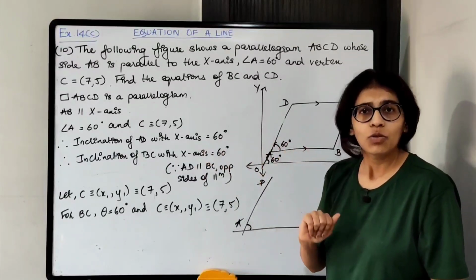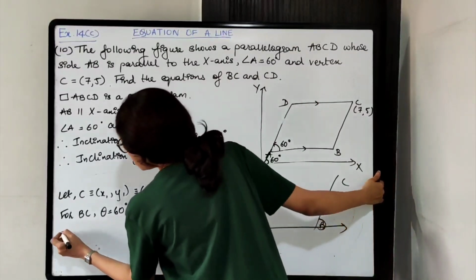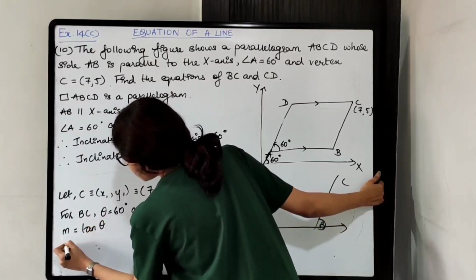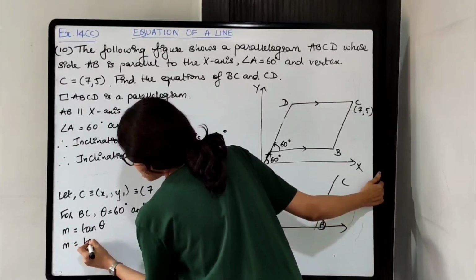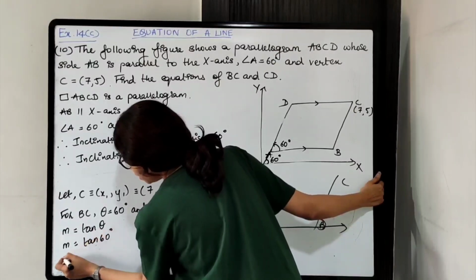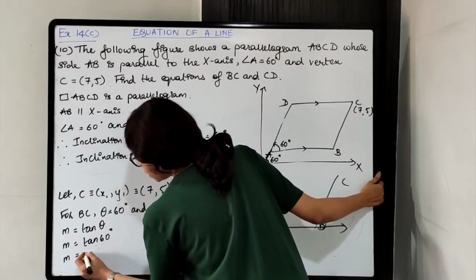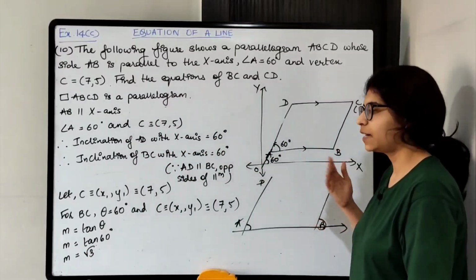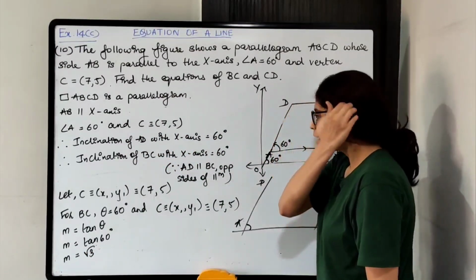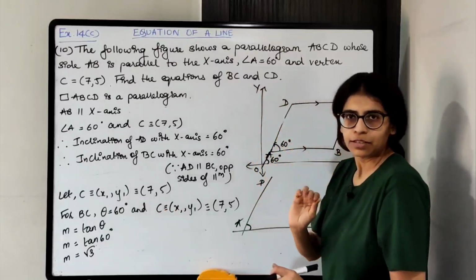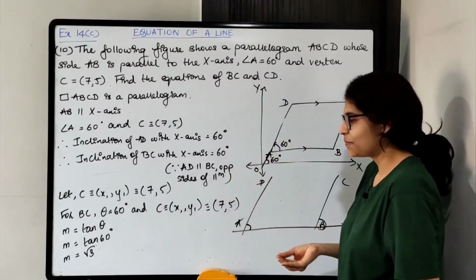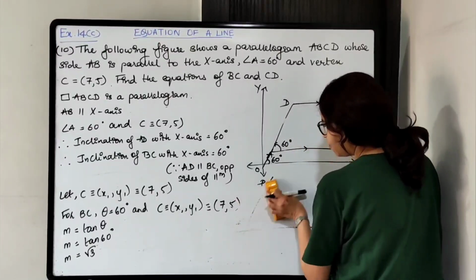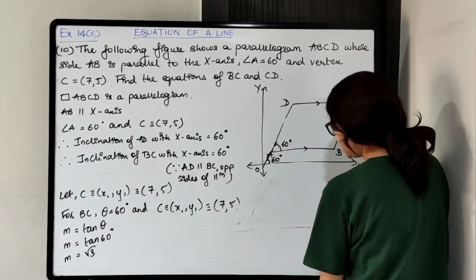Let us find out the slope first. Slope will be tan theta, that is tan 60. That will give root 3. Tan 60 is root 3, right? Standard value table पता होना चाहिए. Now m का value मिल गया using the formula. Okay, so we'll use the formula and find out the equation of BC.